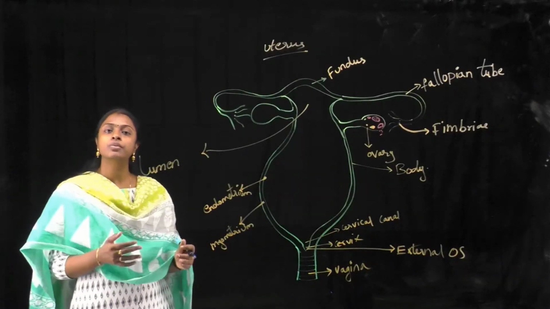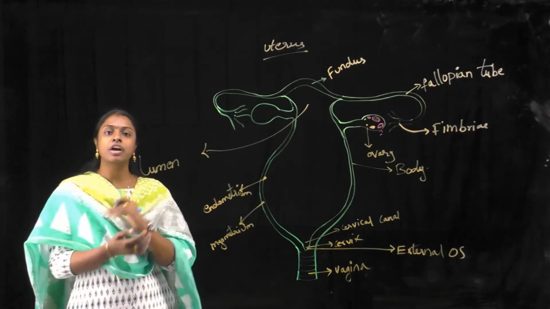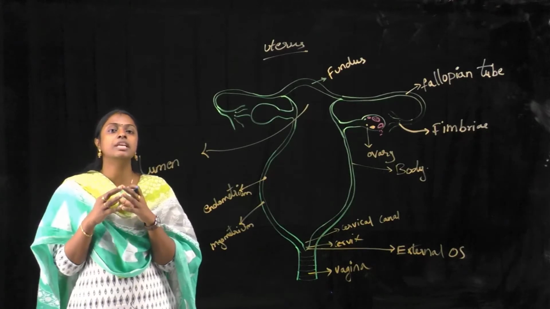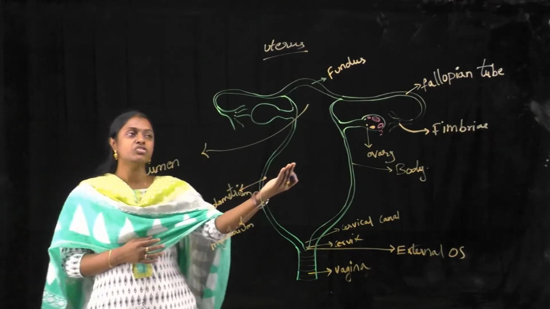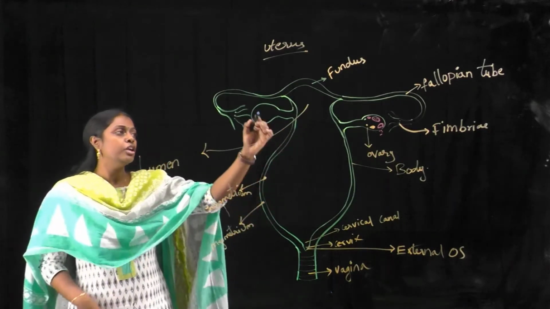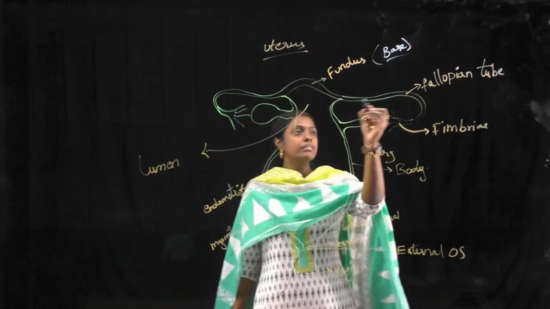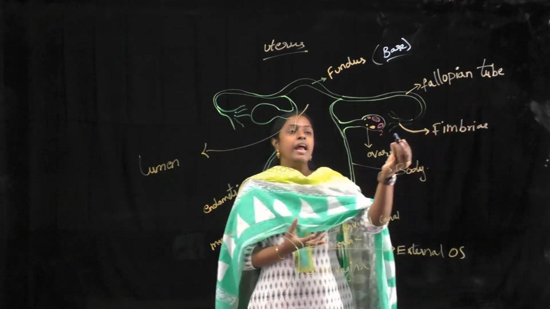Before going into drugs acting on uterus and how they are acting, let's see the structure of uterus and how our natural oxytocin is released and acting on this uterus. So let's see this structure. If you see in this uterus, at the top you have fundus. Near to this fundus you will be having fallopian tubes and ovaries.